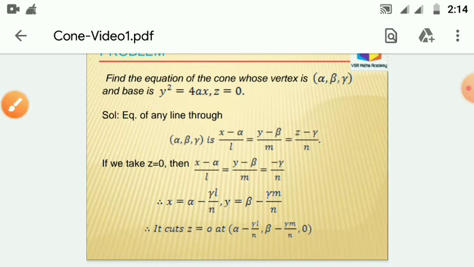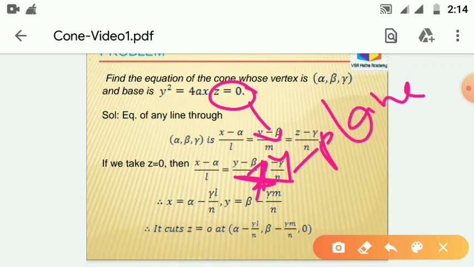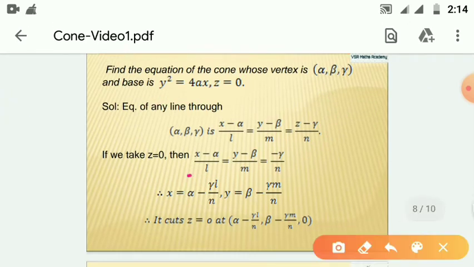So from this we can understand that z is equal to 0 means the xy plane, and y square is equal to 4ax is the equation of a parabola in the xy plane. So the base curve can be written like this.